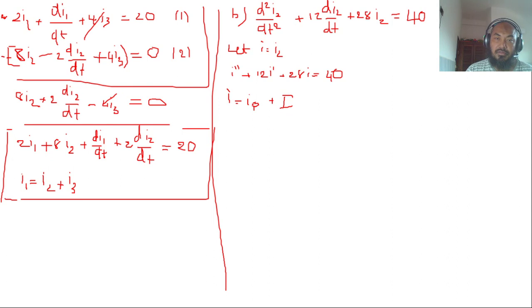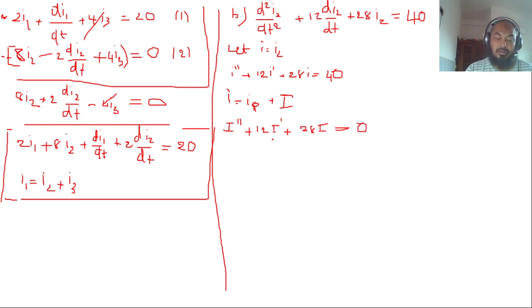Okay, so let us find the solution of I. So I double dash plus 12 I dash plus 28 I equal to 0.